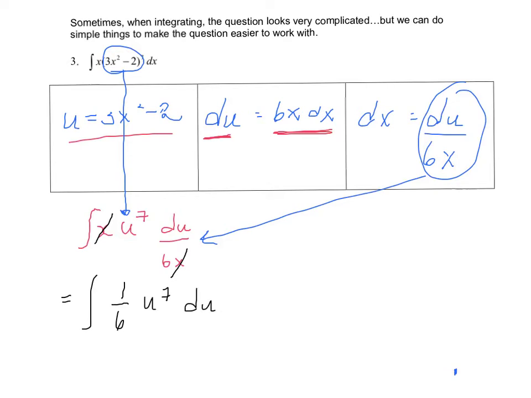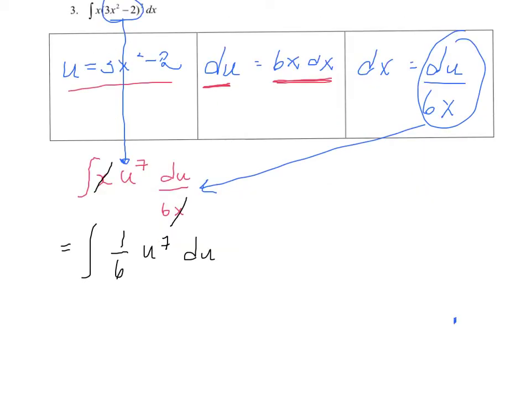Well, that's awesome. I now only have u's to deal with. This question becomes a really, really simple power rule question. So basically, I add 1 to the exponent, I get u to the 8, and I divide by that new exponent, so 6 times 8 is 48, and I have my plus c.